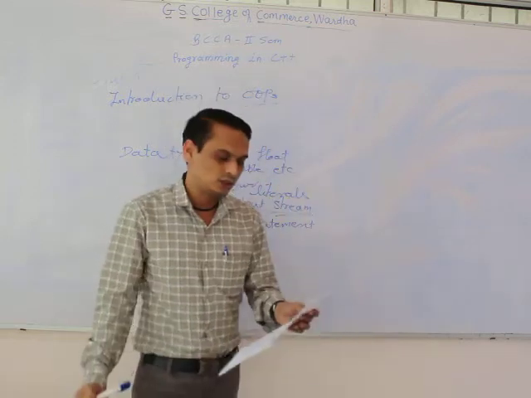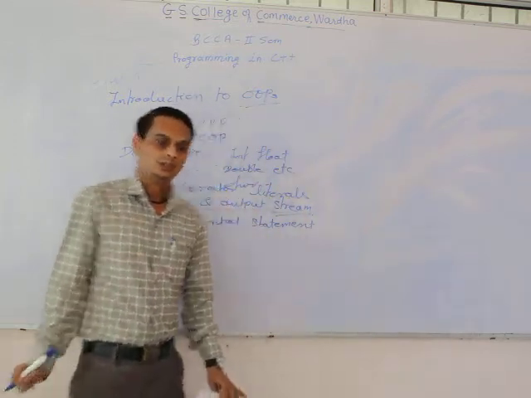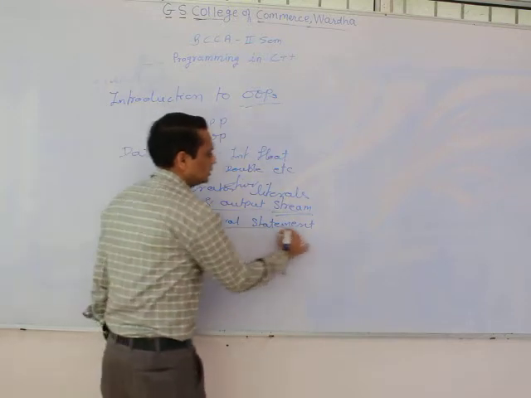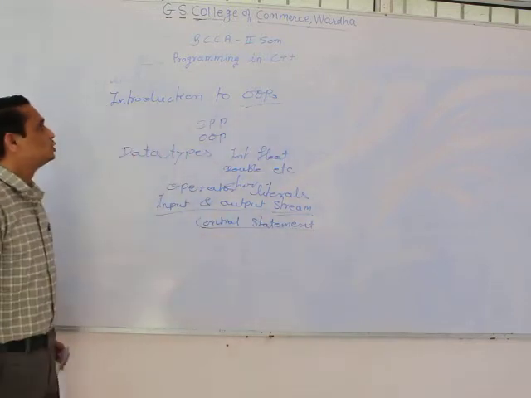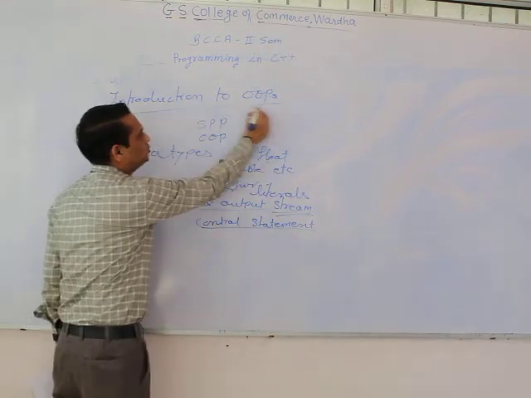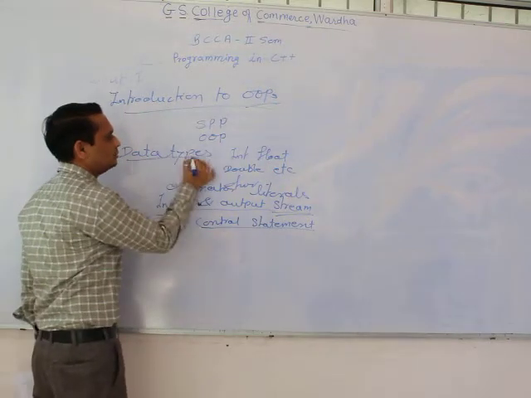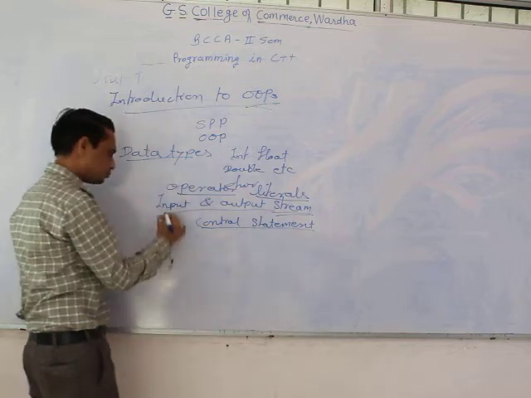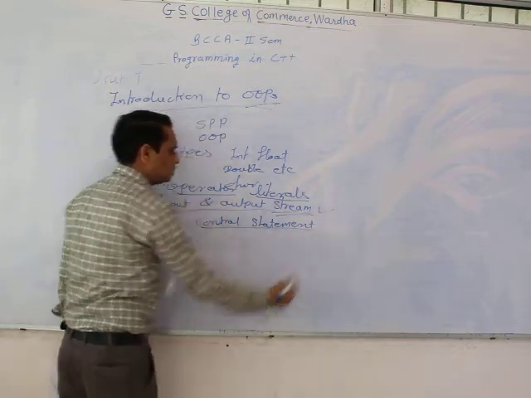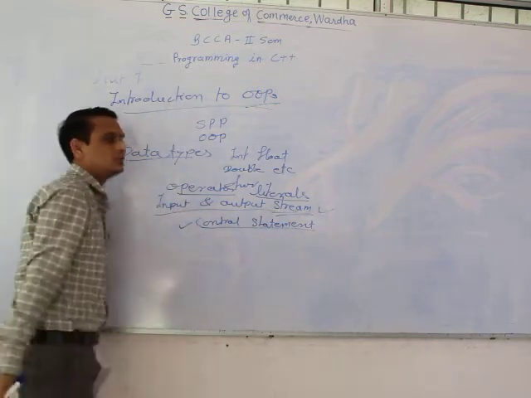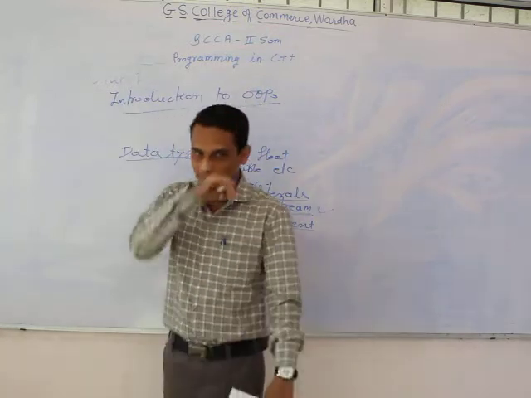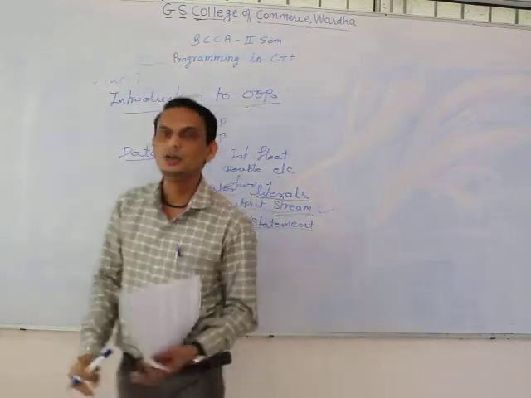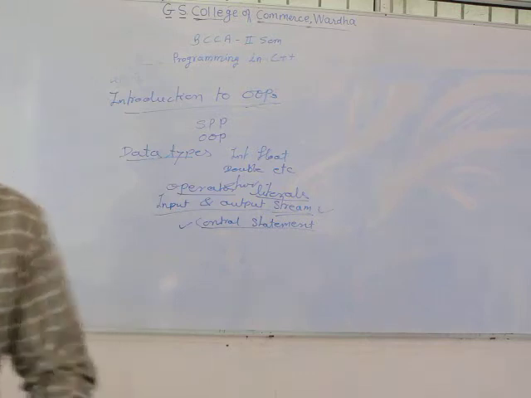These are the control statements which we discuss in the control statement chapter. So in the first unit we introduce OOPS, then data types, operators, literals, input and output stream, and control statements are included in our first unit.